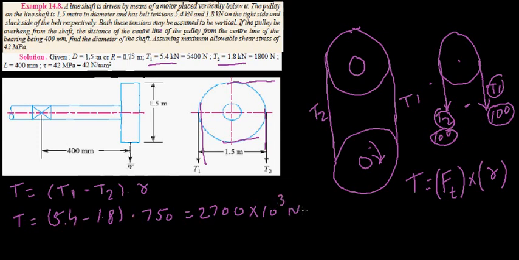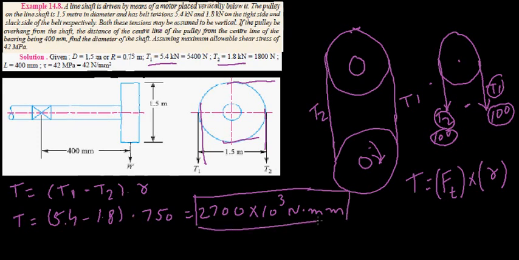This is Newton millimeters. So basically what we did is T1 minus T2 multiplied by R, and understand the logic of it. If you multiply this by R, you will get the torque. Now this is our torque, which is experienced by our shaft.